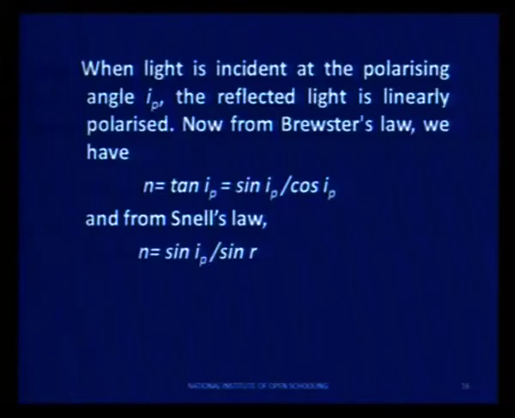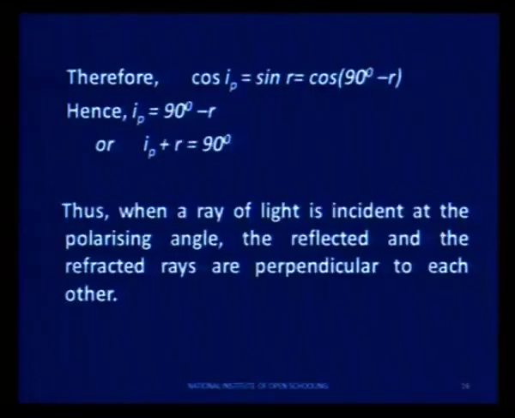Now, from this law we can say that the refractive index is tangent of IP, which can be written as sin IP upon cos IP, and we can also involve Snell's law, which is sin IP upon sin R equal to refractive index, and we get a beautiful relation: IP plus R is equal to 90 degrees, meaning the reflected and refracted rays are complementary.